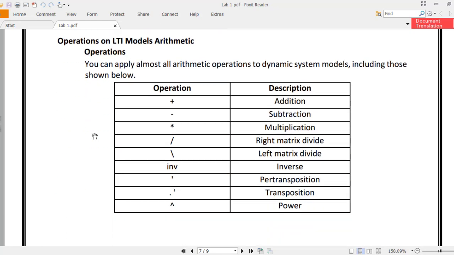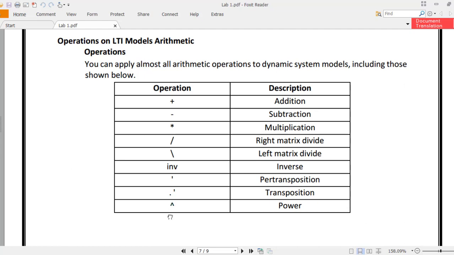Then we have the operations that we need to perform on the LTI models. These are addition, subtraction, multiplication, right matrix divide, left matrix divide, inverse, transposition, which means the transpose of a matrix, point-to-point transposition, and this means the power.